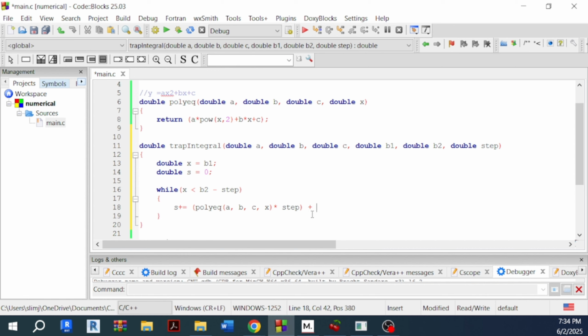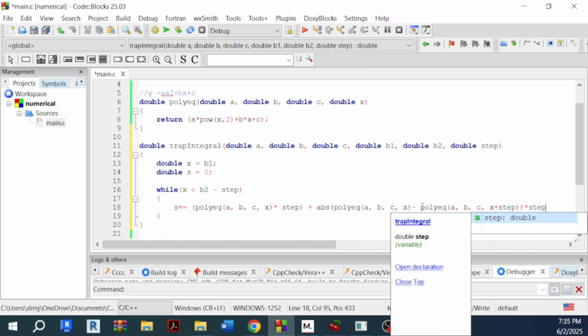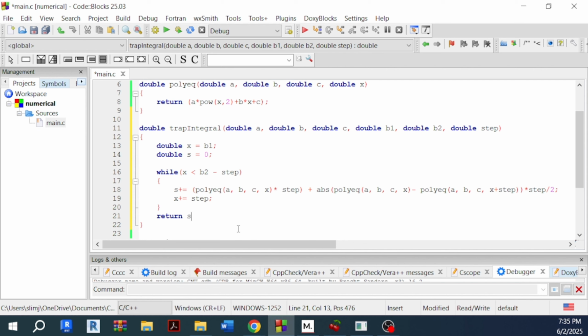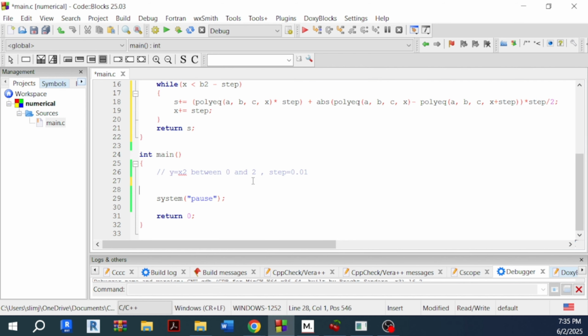Plus the absolute value, in case the higher value was the negative one, of poly(a, b, c, x) minus poly(a, b, c, x plus step), and that absolute value is the height times the step divided by 2. Of course, we need to increment the x position by a step. Finally, return s.